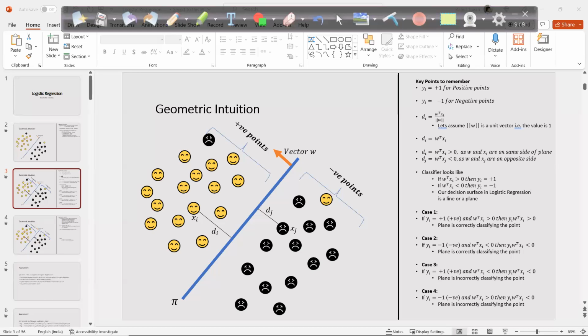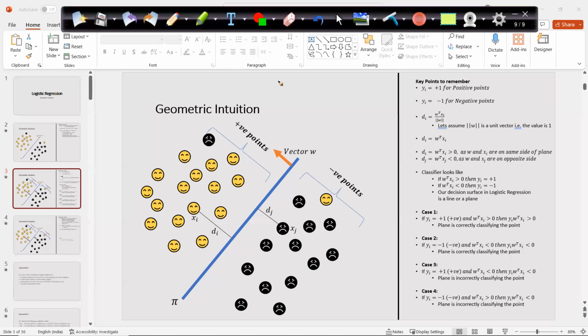As of now, in this particular discussion, we are deriving the entire logistic regression using geometry. And when we are deriving it using geometry, we should remember that if you are a positive point, you are +1, and if you are a negative point, you are -1.